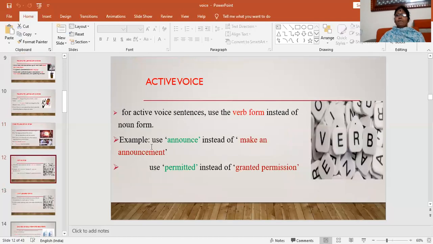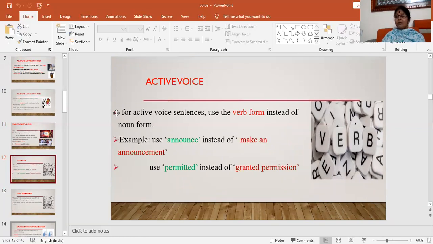Now, the next important thing is that when we are making active voice sentences, we should use verb form instead of noun form. This is very, very important, right? Now, what is verb form?